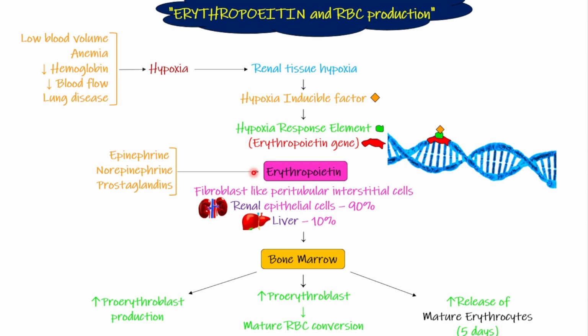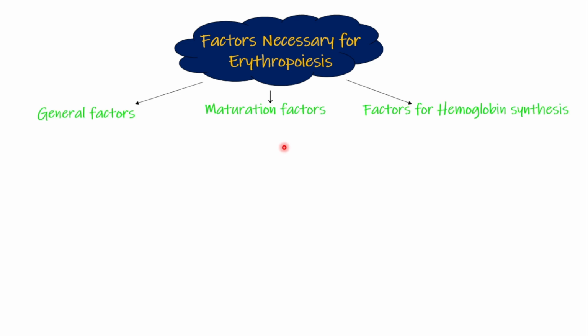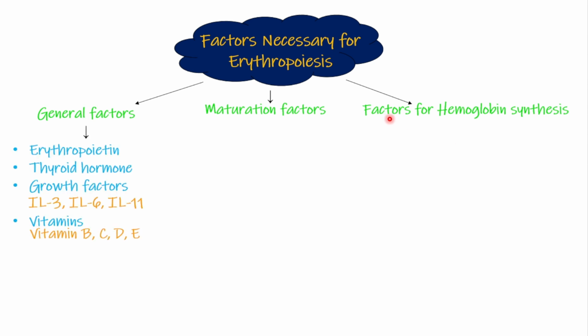Okay, so this is how exactly the erythropoietin is produced. Now let's discuss the factors necessary for erythropoiesis. There are 3 types of factors. One is the general factors, then we have maturation factors, and then we have factors for hemoglobin synthesis. General factors necessary for erythropoiesis: obviously, we need erythropoietin. Then we need thyroid hormone. Thyroid hormone is extremely important for erythropoiesis.